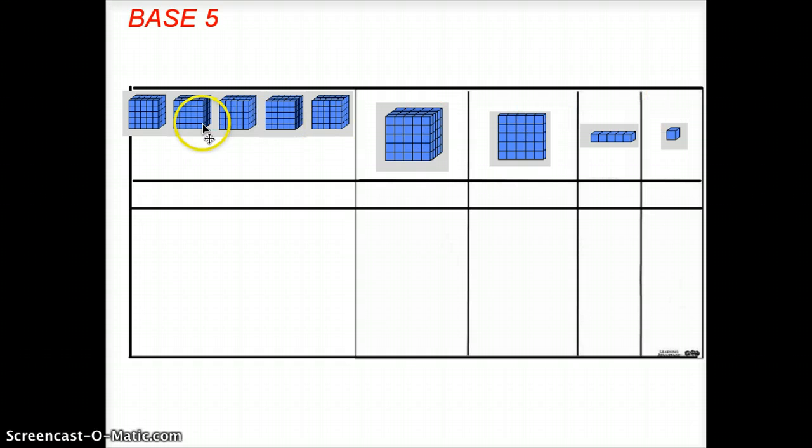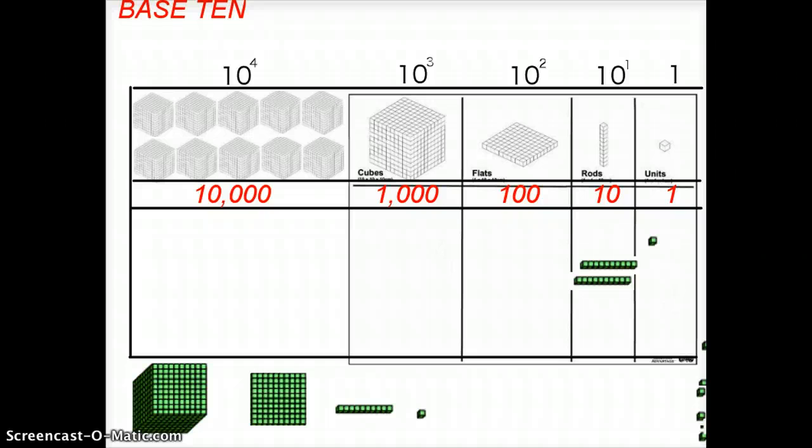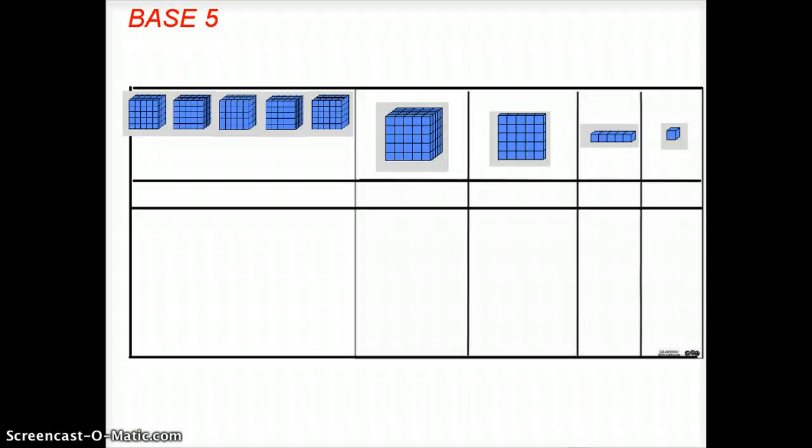So we have the same looking ones, but as the students look a little bit closer, they might pick up on the fact that there are less units within these places than the base 10.